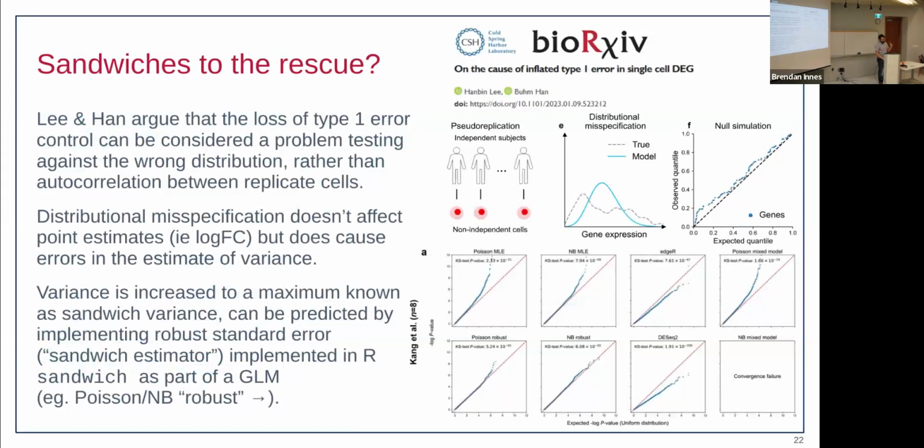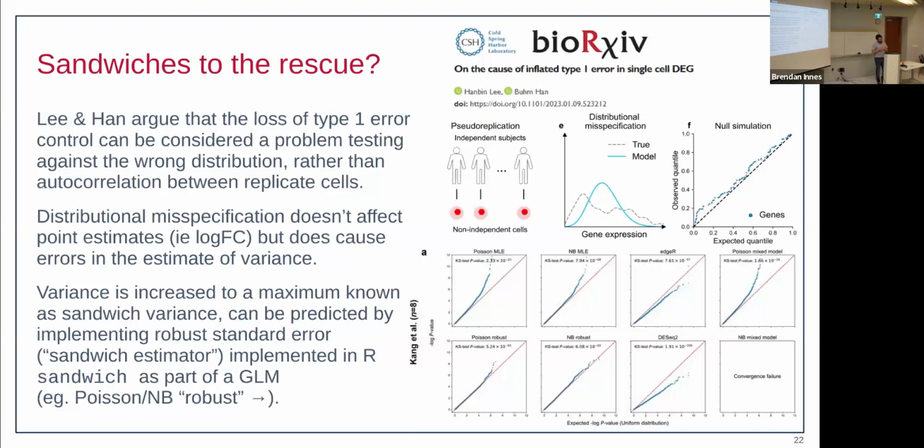However, there is also this one other paper, which is complicated, but they argue that the obvious problem here, that we're using non-independent replicates, the cells, rather than independent replicates, the subjects, isn't necessarily the problem, and that the problem could be distributional misspecification, which is tricky.